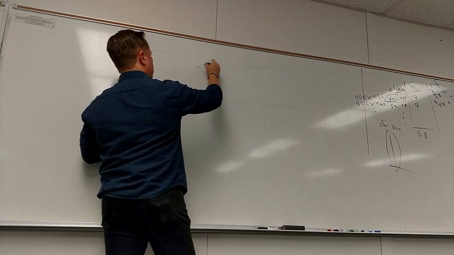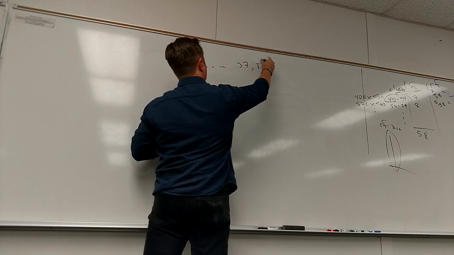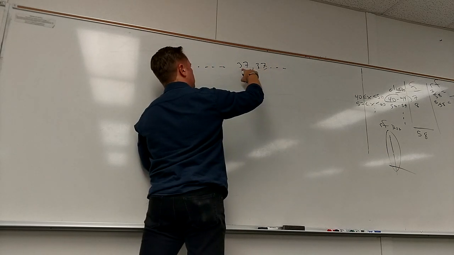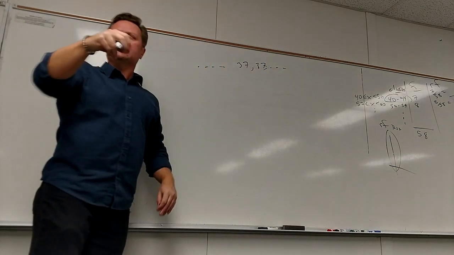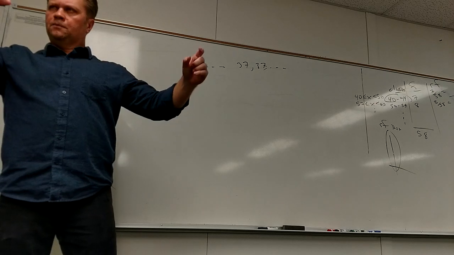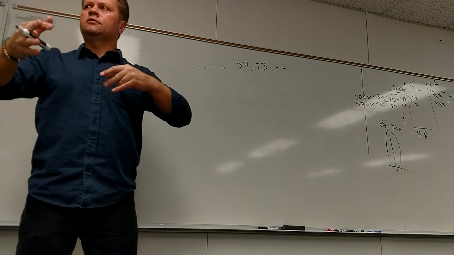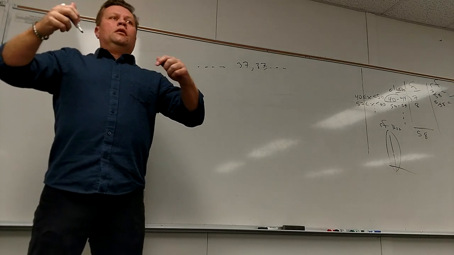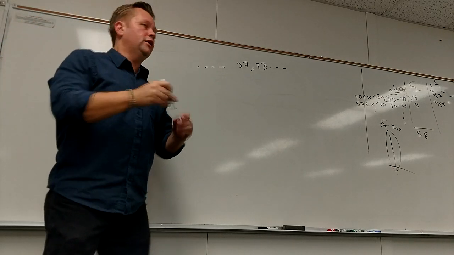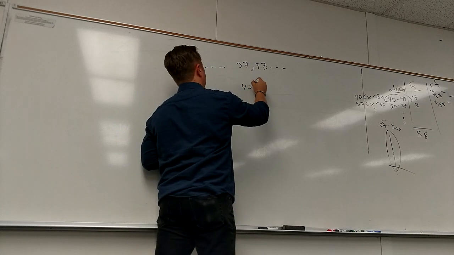So there's a list of data, and they ask you what percentile is 37. But what's the basic idea of a percentile? It's the percentage of what, where. What does a percentile mean? So if this was the 40th percentile, what would that mean?